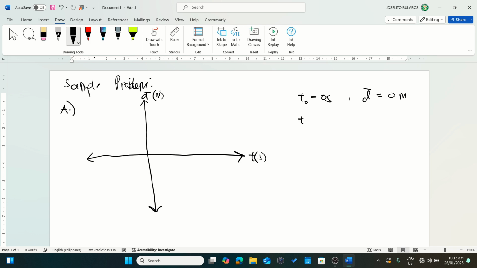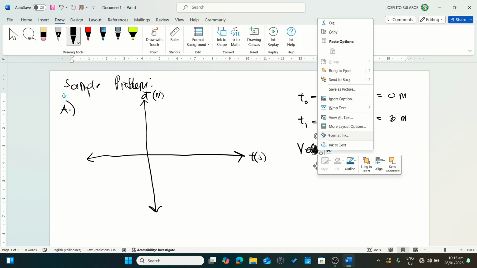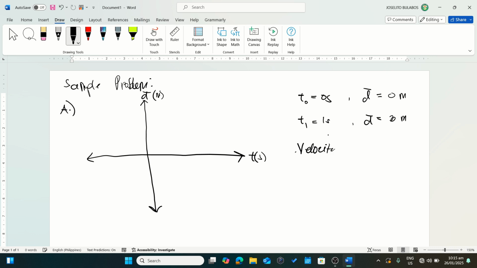Let's say at time 1 second, the position of the object, displacement of the object, is, let's say, 3 meters. We wanted to know how much is the velocity. So find the velocity. So let us graph this first.